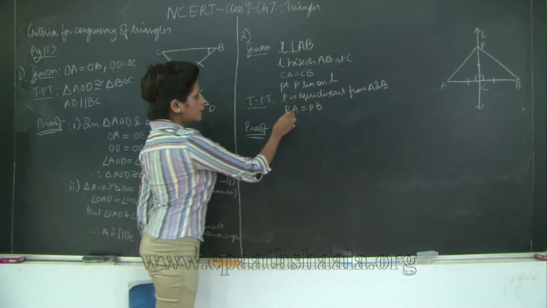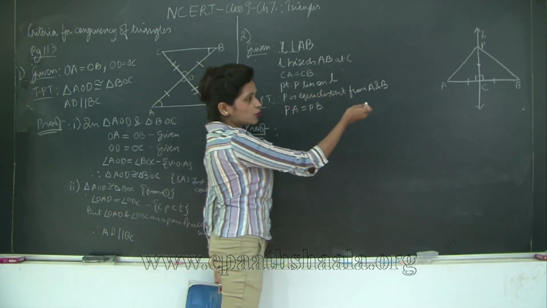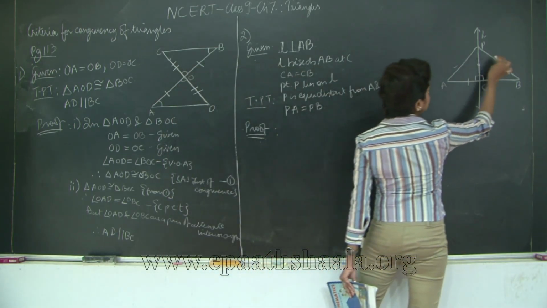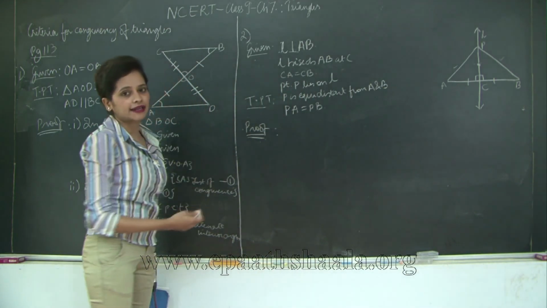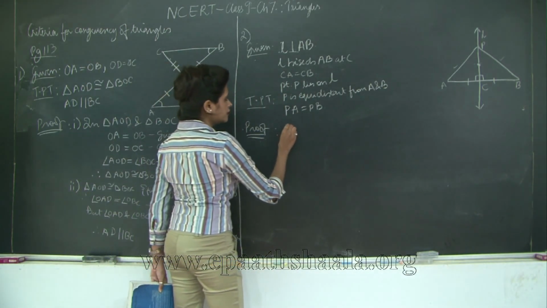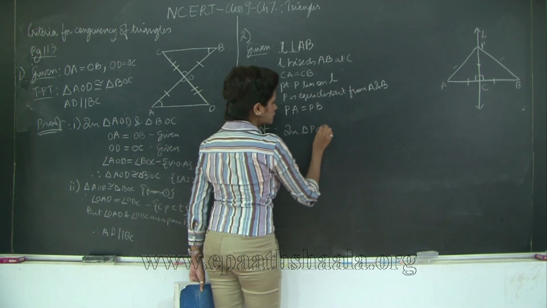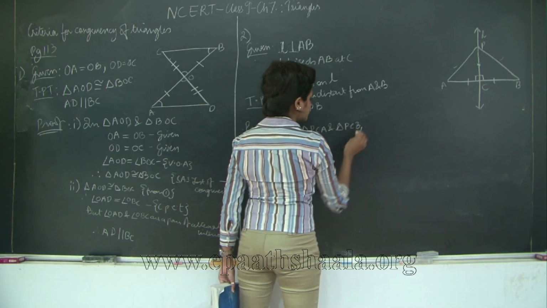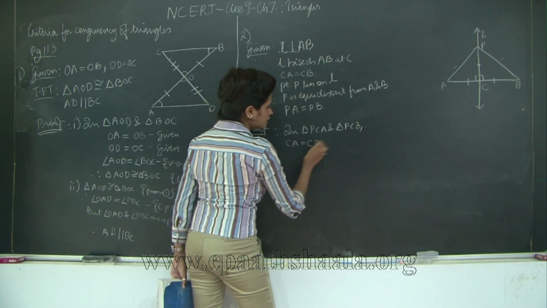Therefore, now what we need to prove is that PA is equal to PB. Once you have proved that the two triangles are congruent, you can obviously say that this side is equal to this side through corresponding parts of congruent triangles. So let's write down this proof. So I'll say in triangle PCA and triangle PCB, I have CA is equal to CB.